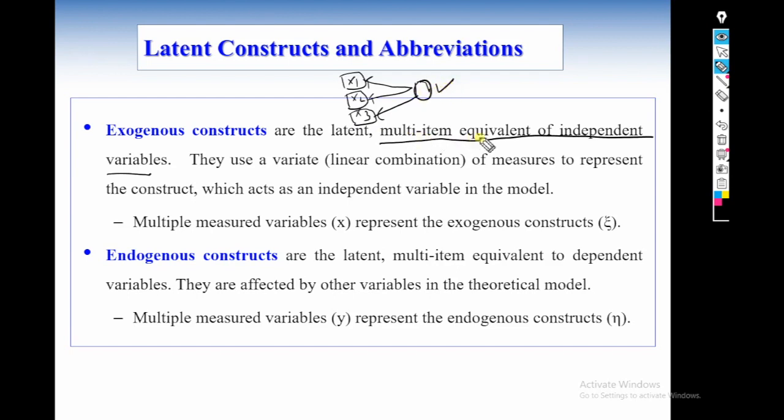So it's a multi-item equivalent to an independent variable. Here we do not use the term independent variable, but instead use the term exogenous construct. And the same for dependent variables: the combination of dependent variables is known as the endogenous construct or variables.